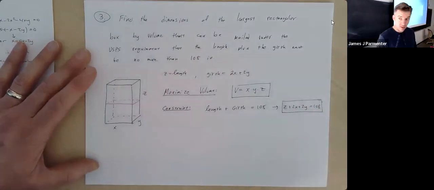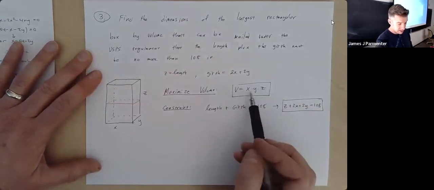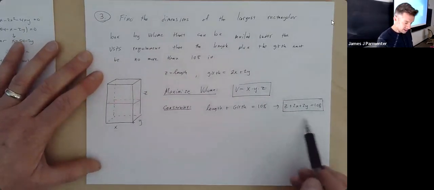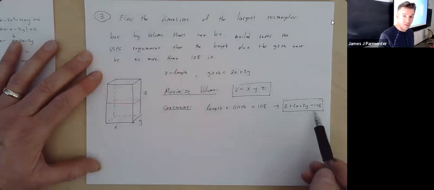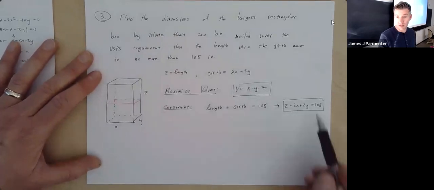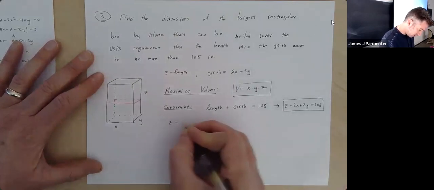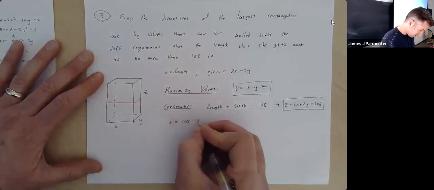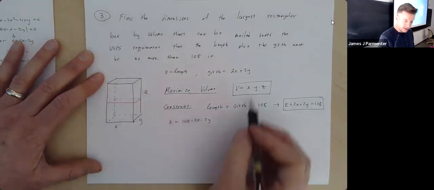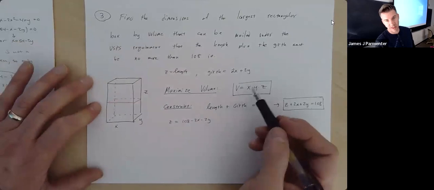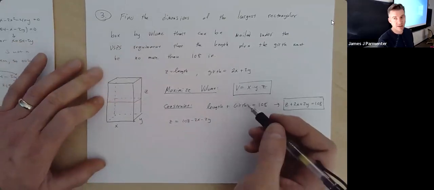As is typical, the thing we want to maximize is a function and it's not equal to a number, whereas the constraint is an equation that equals a number that allows us to solve for one of these variables. So let's solve for Z. Z is going to equal 108 minus 2X minus 2Y. And then we're going to plug that into our volume and have a function of 2 variables, because right now this is a function of 3 variables and we can't do the thing yet.